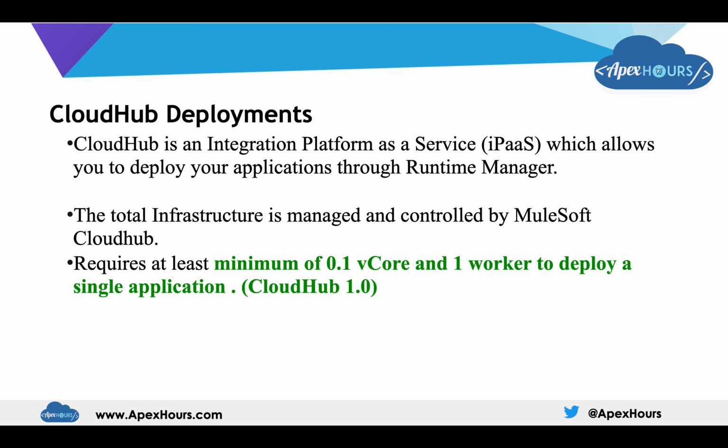Your RAM and processing: 0.1 vCore is approximately equal to 500 MB of RAM in CloudHub 1.0. One worker is like one instance, meaning one laptop. That means you are deploying your application to only one laptop. At least you require one laptop with 500 MB of RAM to deploy an application.